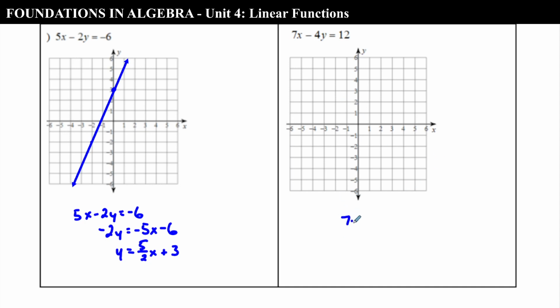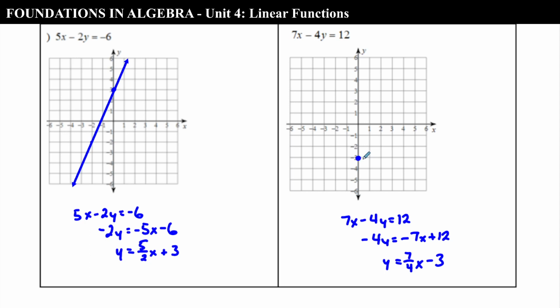All right, this example, we've got 7x minus 4y equals 12. So we're going to subtract 7x from each side. And then we're going to divide by negative 4. So that's going to give us positive 7 over 4x minus 3. So our y-intercept's negative 3.